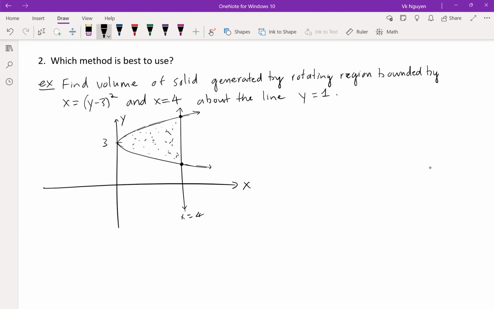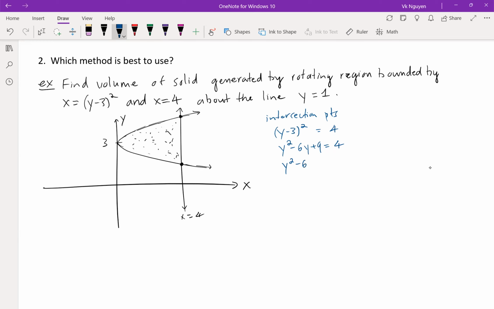We can set the x's equal to each other and take a look. So intersection point: (y minus 3) squared equals 4. So y squared minus 6y plus 9 equals 4.